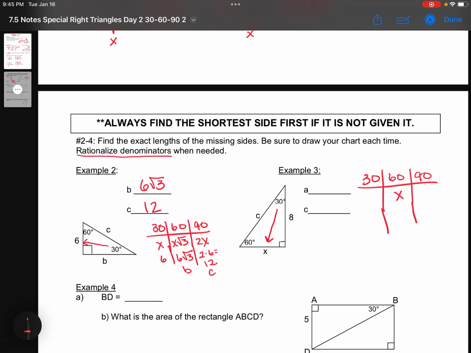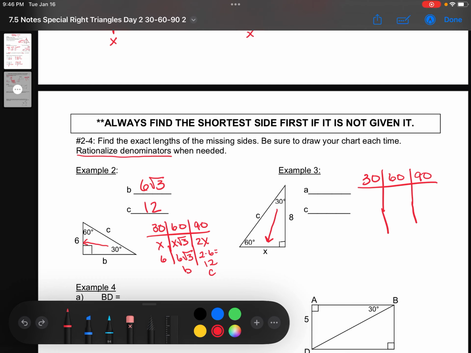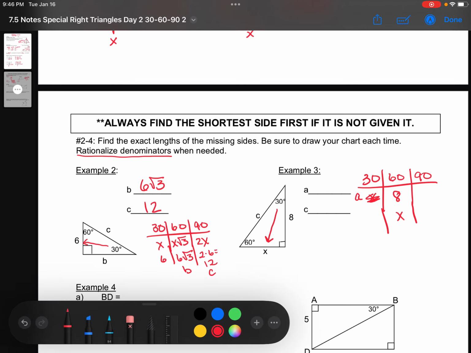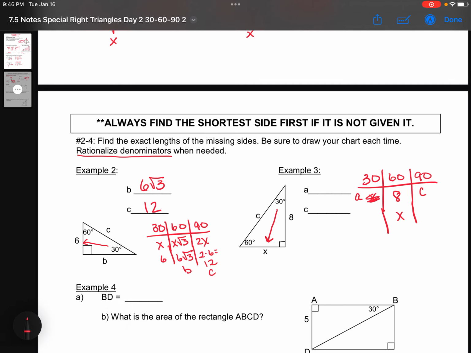So what happens is the x is here, and this is 8. I don't like that they call that x. They should call that a and c.